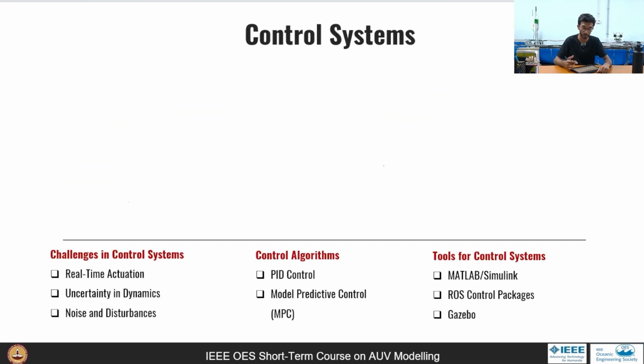Now let's move on to the control systems module. Let's discuss the general idea behind any control system algorithm. Every control system works on the philosophy of having a desired state and an actual state, which I am denoting here with x, and a desired state I am denoting with xd.